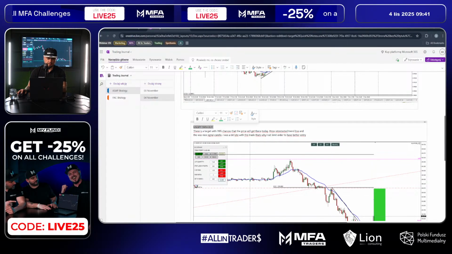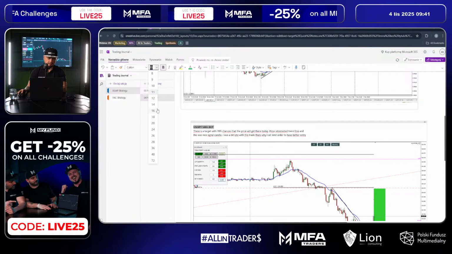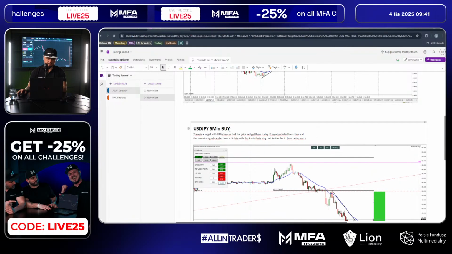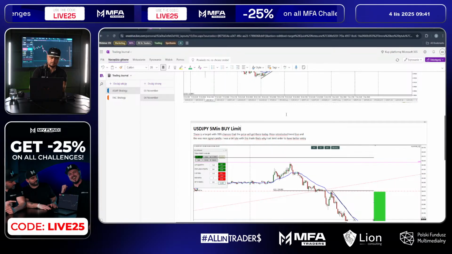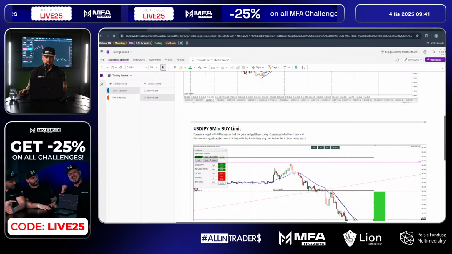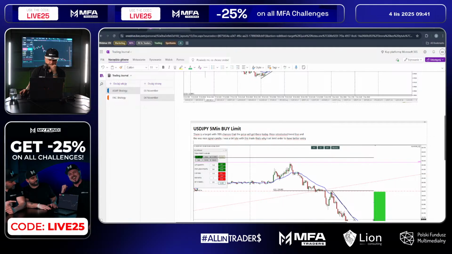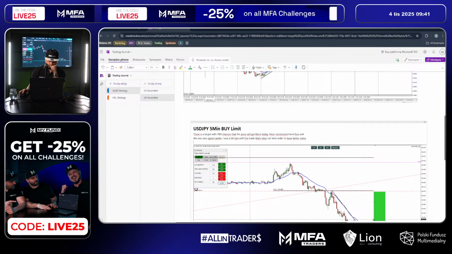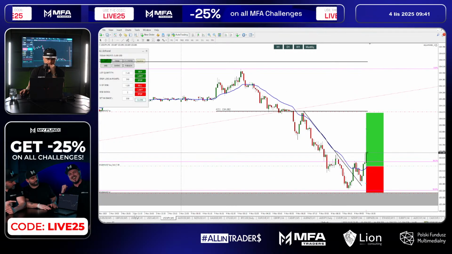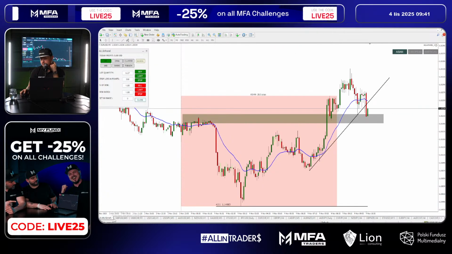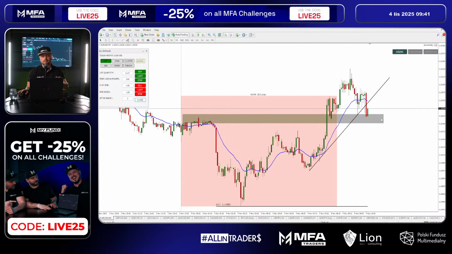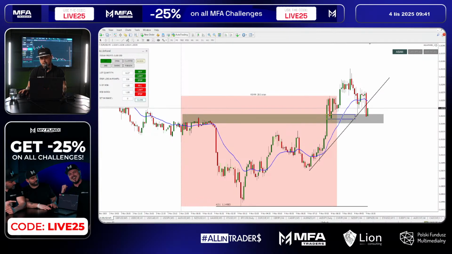USD JPY 5 minutes time frame, buy limit. Good. We got another plan. Euro USD, we are breaking through. Now, this is important, guys.